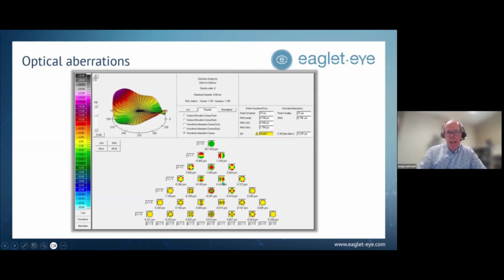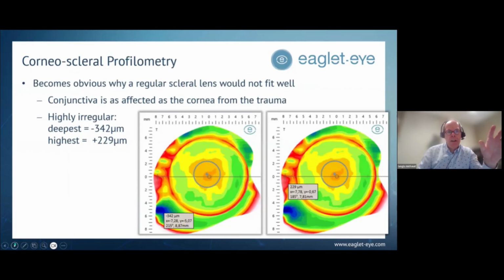And you have vertical and horizontal coma. A vertical coma at 434 and horizontal coma negative 0.189. So in that case, these aberrations are coming from the irregularity of the surface, of course, the scars, and certainly doesn't help to improve the vision of the patient.